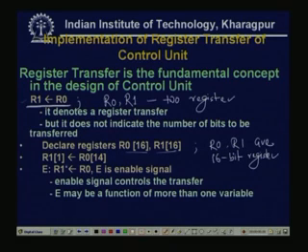Now, by this second notation, R0(14) to R1(1), only one particular bit is transferred. So, R1(1) is assigned to R0(14).